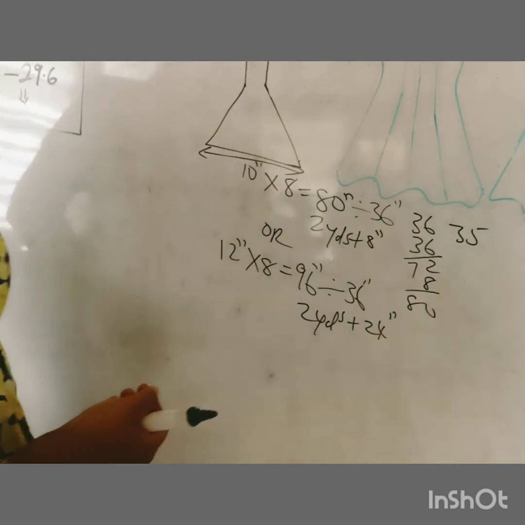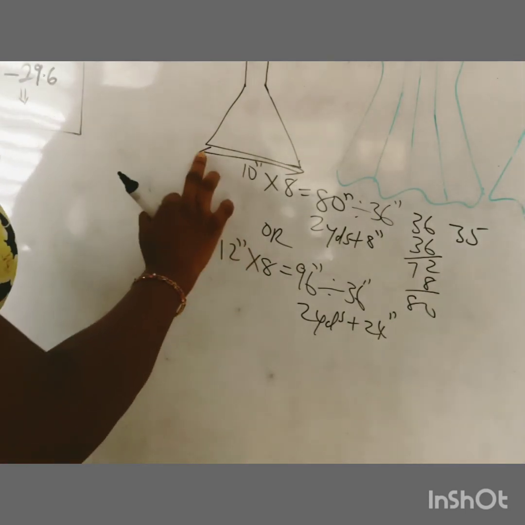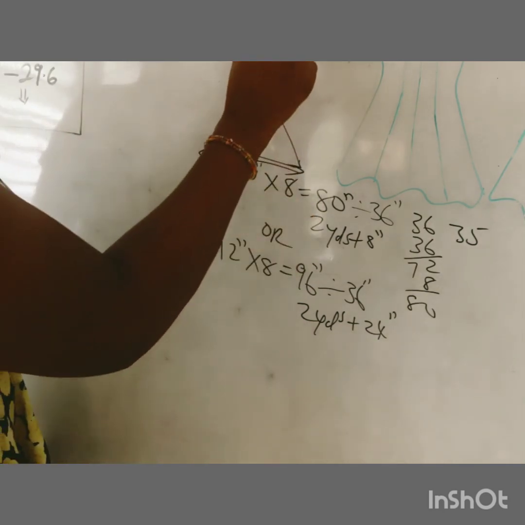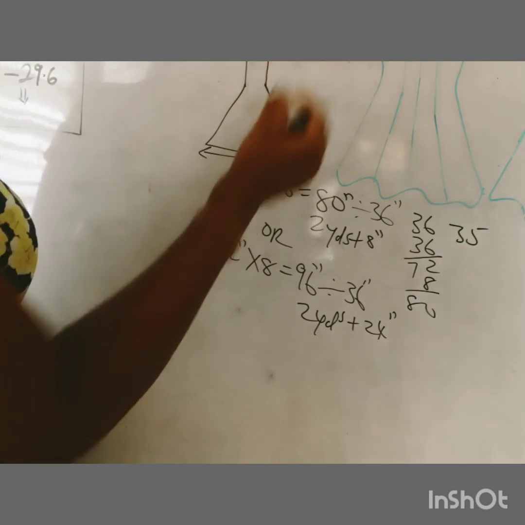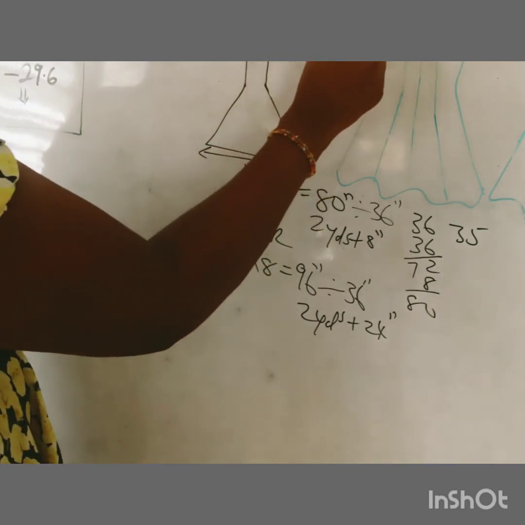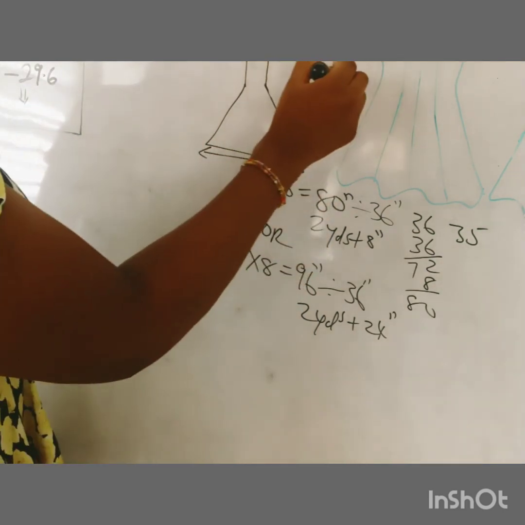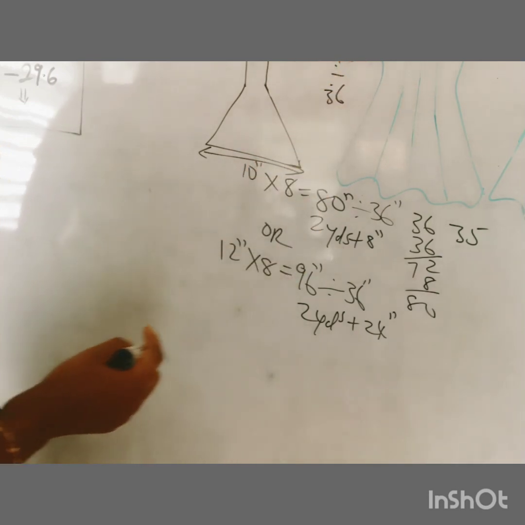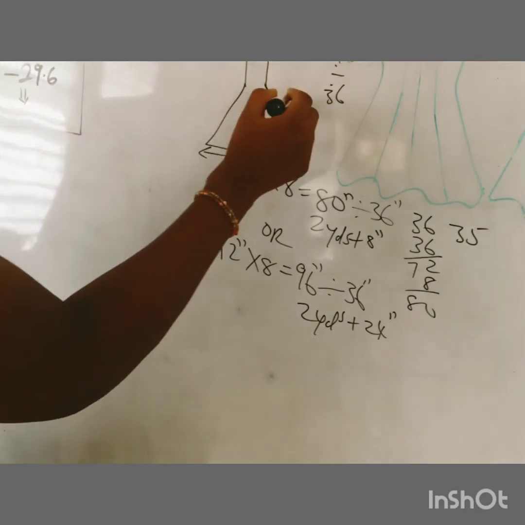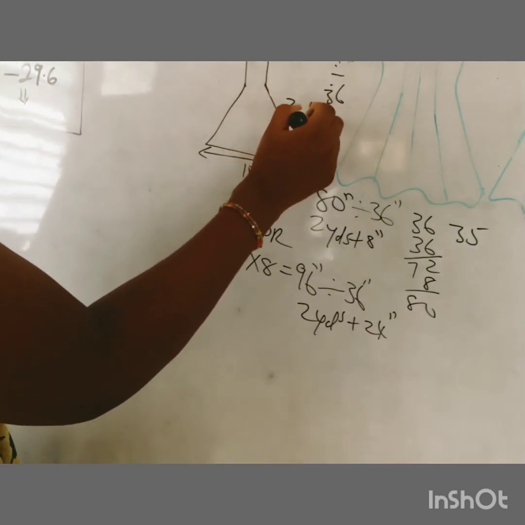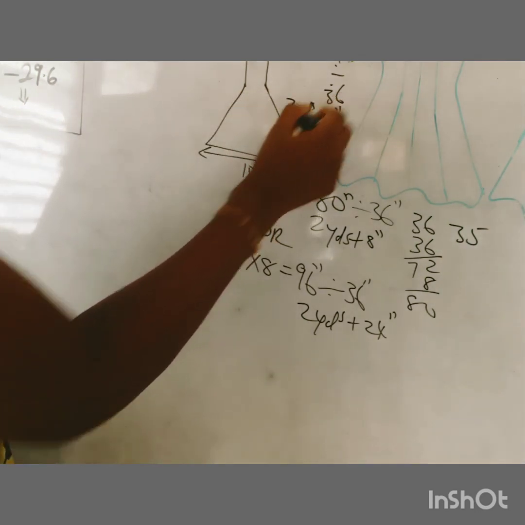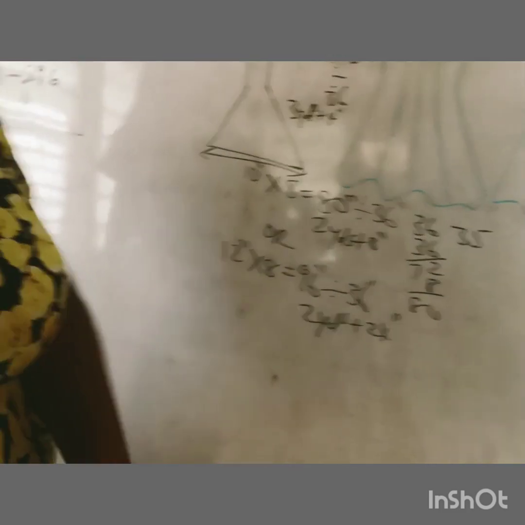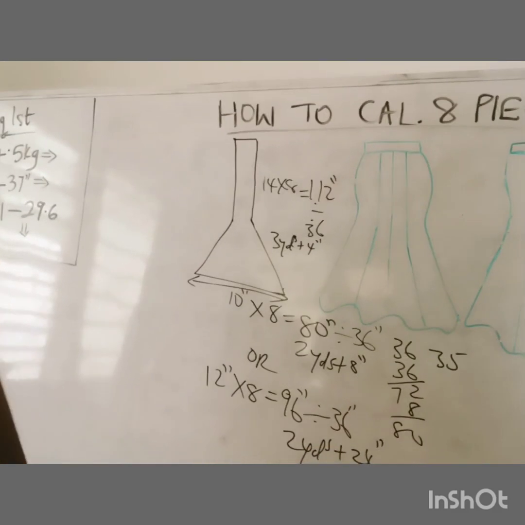If, for example, I'm making the width 14, just multiply 14 by 8, and you're going to have 112. If you divide that by 36, you are going to have 3 yards plus 4 inches. So that is how to know the amount of fabric to put on fold.